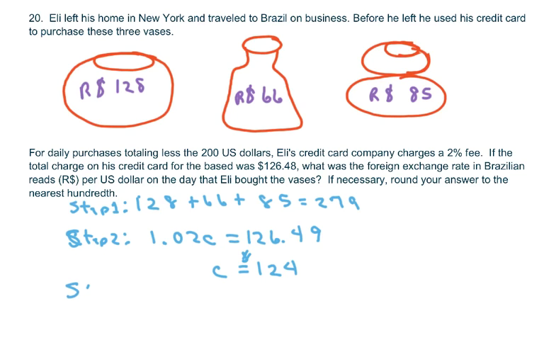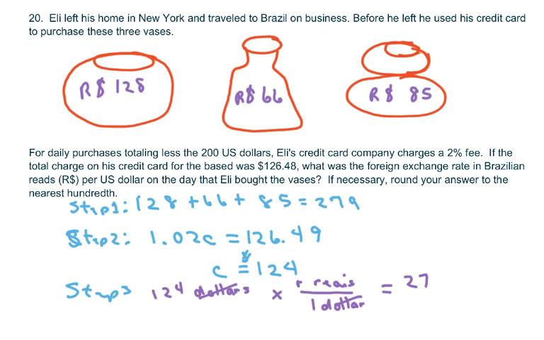The way you do that is you take $124 times R reais over $1, which equals 279 reais. The dollars cancel out, so we get 279 reais.